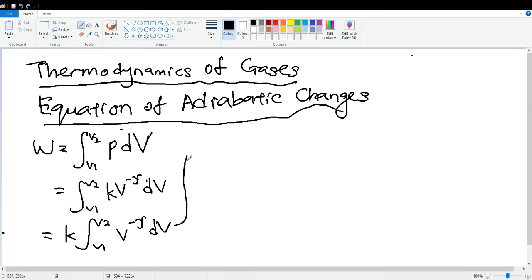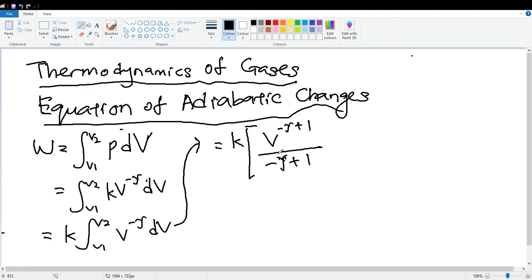My integration of V to the power of negative gamma is basically V to the power of negative gamma plus 1, divided by the new power, negative gamma plus 1.